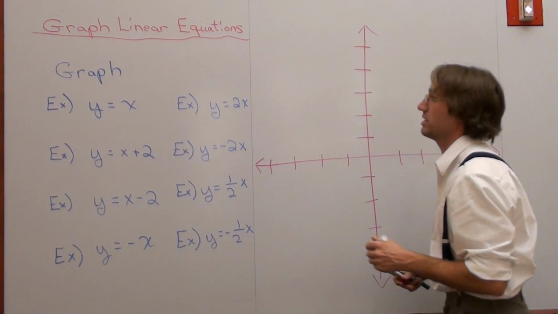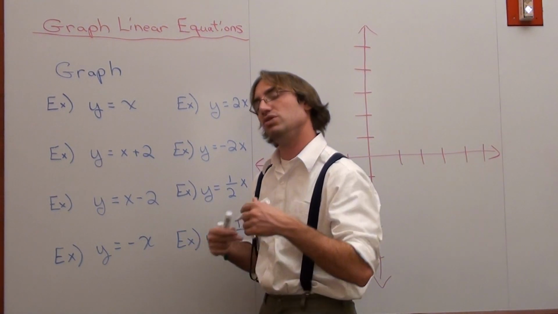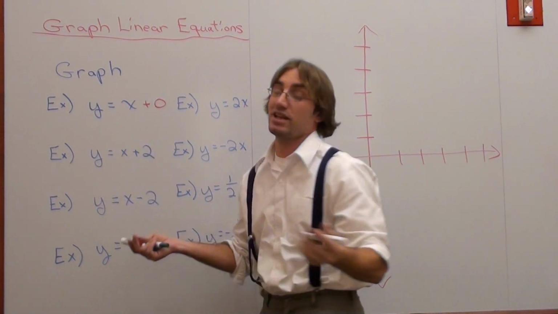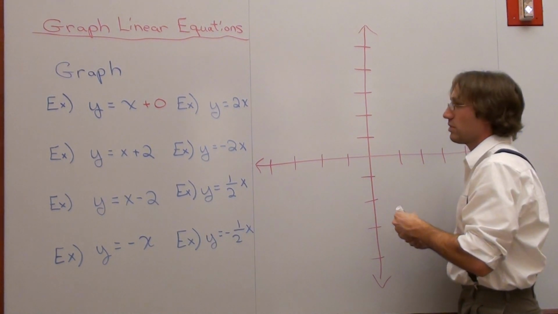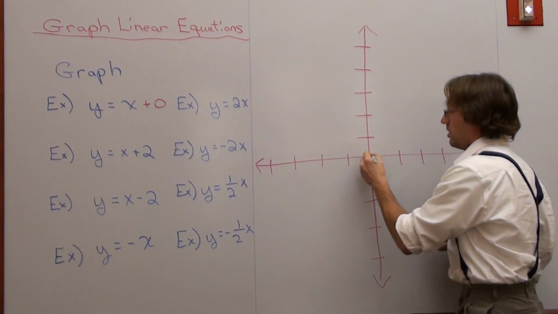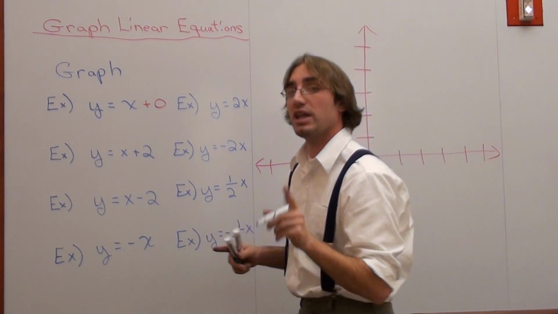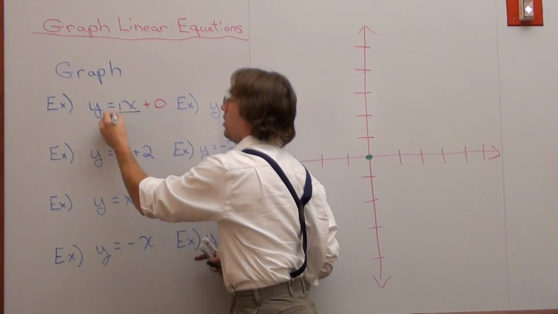Y equals x. Now, if it will help you, and you need to get a y-intercept first, put in plus 0, because that's essentially what the y-intercept is. So the y-intercept for that one is 0. The slope is, if not given, 1 over 1.